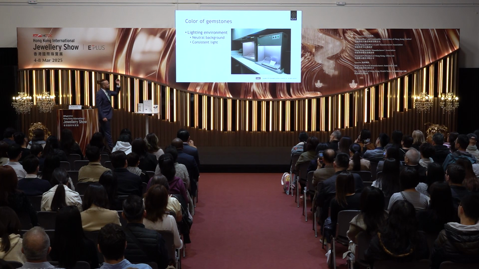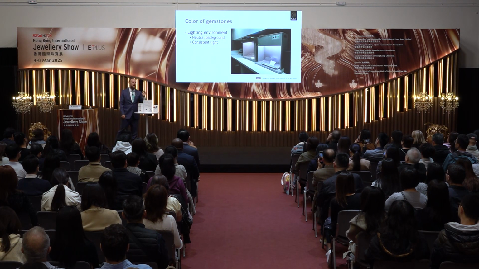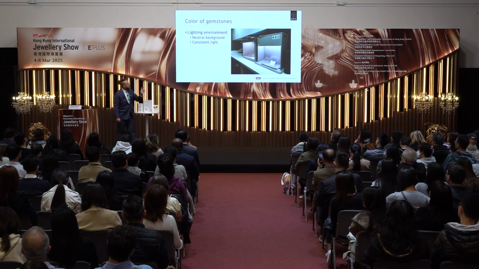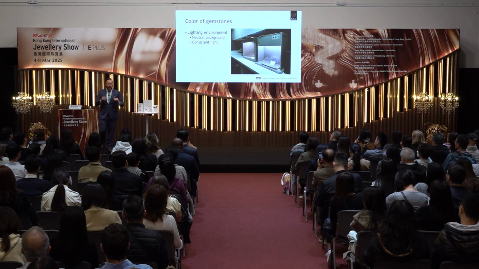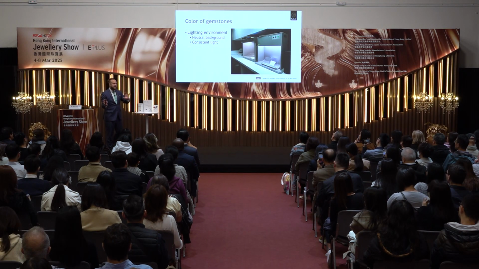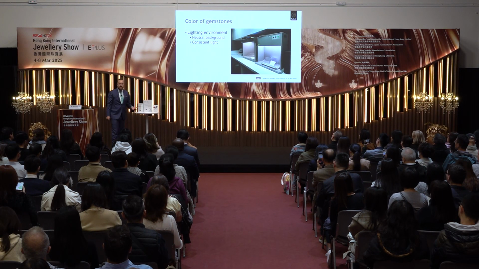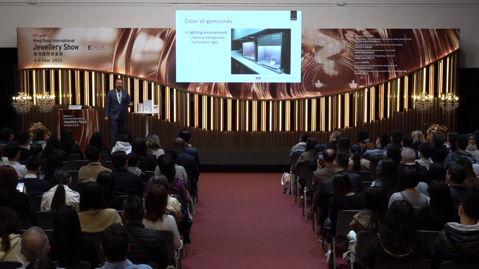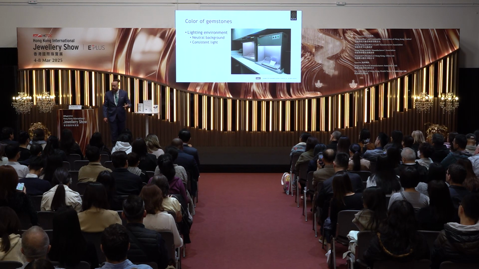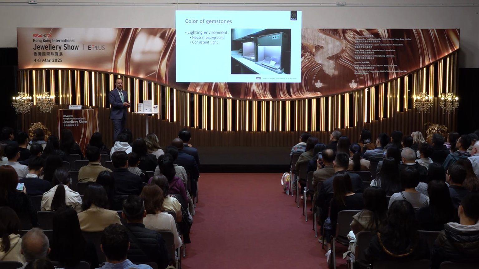That is why a neutral background, a neutral environment is very important. That is why in laboratories, almost everyone uses one of these standard gray boxes where the backgrounds, the sides are all the same color. That is why your tray where you grade stones is a neutral white and it is not pink or blue or purple, because it would just skew the color completely.